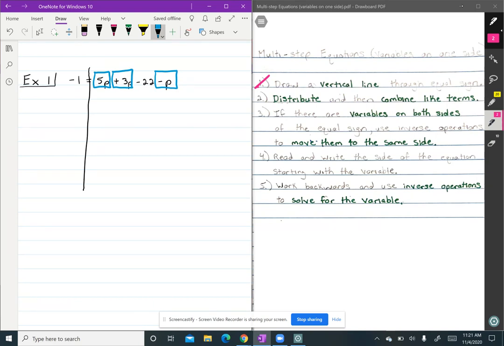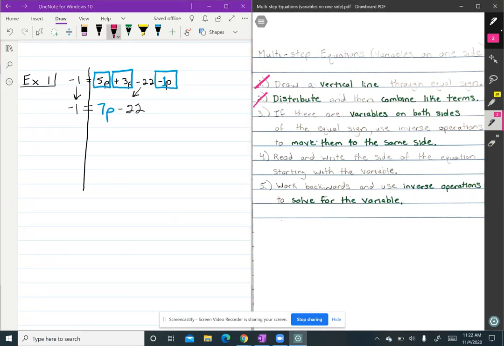The one thing I want to point out is negative p, I can put a 1 directly in front of that. And then my negative 1 is going to just drop down on the left. 5p plus 3p gives me 8p, minus 1p will give me 7p. And then my negative 22, I have to bring that down.